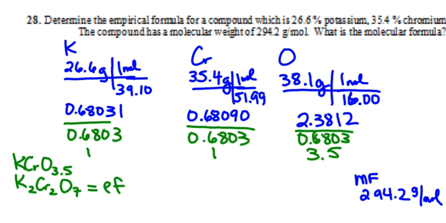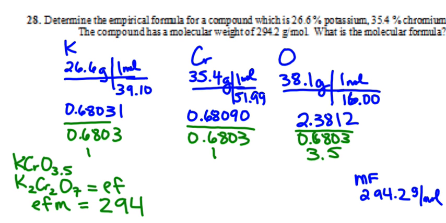My molecular formula is over there. What's my first step? Find the mass of my empirical formula. Empirical formula mass is equal to, add them up. I have a feeling. I think it's 294. And it is. So that comes out to 294.